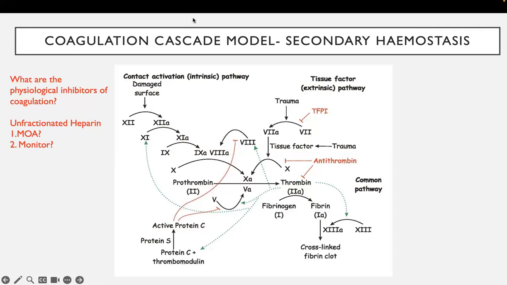And what's the antidote if we give too much? Protamine sulfate. Yes, excellent. So enoxaparin, another name for it is Clexane. What's the mode of action of Clexane? Anyone else can try?